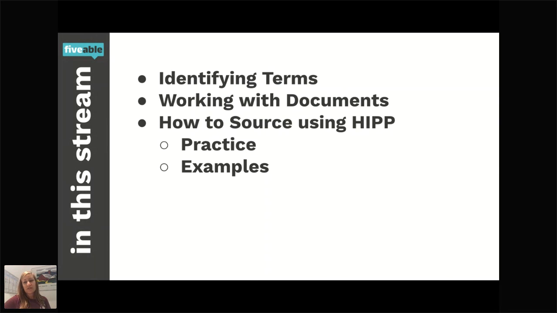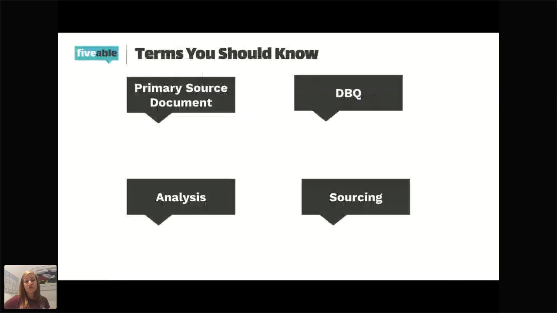So let's start with some terms that you should know for the AP history classes. The first term that you should know is a primary source document. In a primary source document, what we're looking at is a firsthand account of an event. It could be a firsthand object.